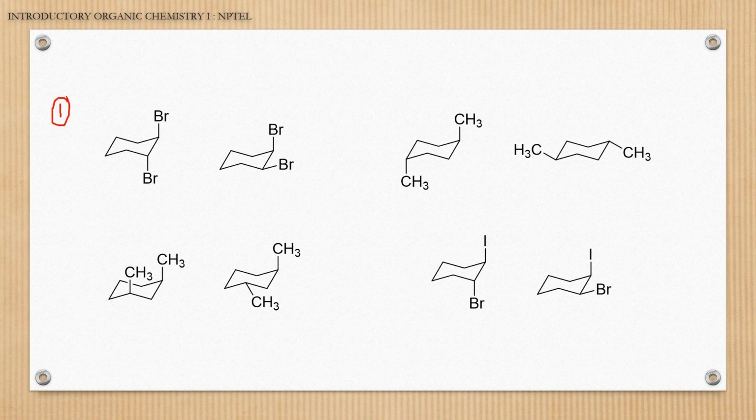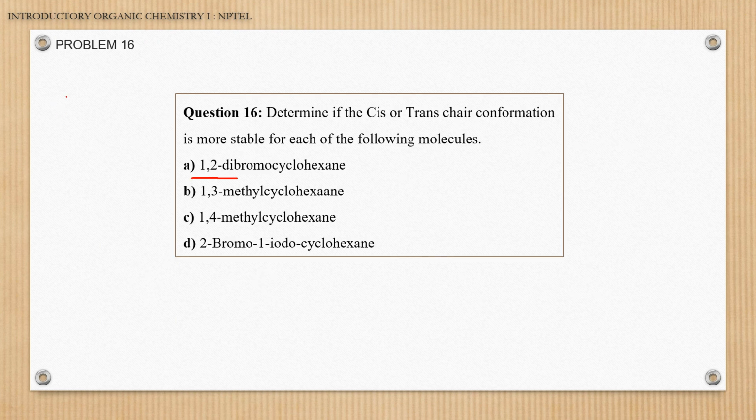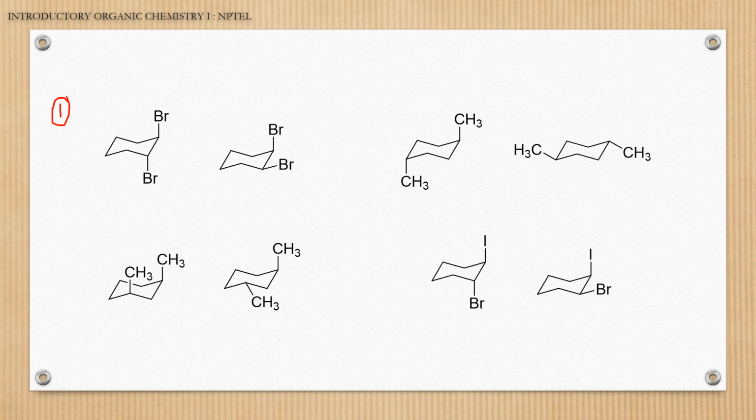So what they are telling is to determine the more stable conformation. First of all, you need to write the cis and trans conformation. This is the trans conformation for 1,2-dibromocyclohexane, and this is the cis conformation for 1,2-dibromocyclohexane. Is it right? Does everyone understand what is cis and what is trans?